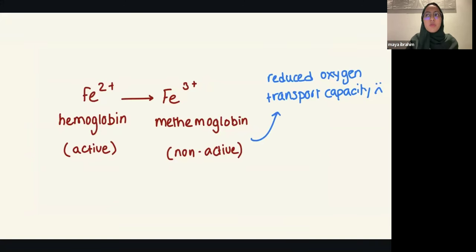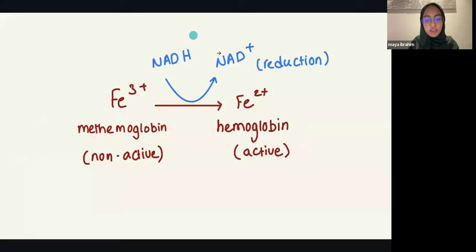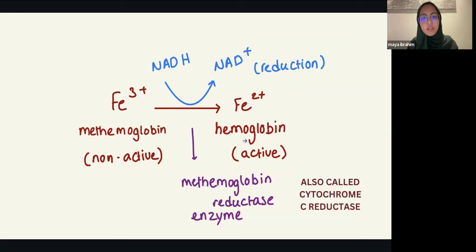And the main function of RBCs is to take up this oxygen and then give it to the tissues. So how is it supposed to carry out its function? We need help from NADH. NADH is going to convert this methemoglobin to hemoglobin by giving its hydrogen. This is catalyzed by who? Methemoglobin reductase enzyme. It's also called cytochrome C reductase.